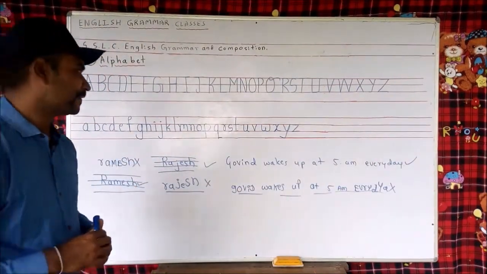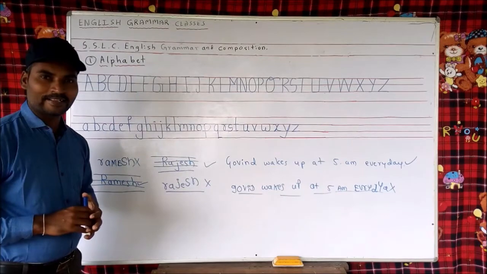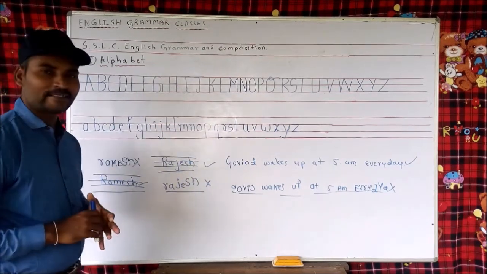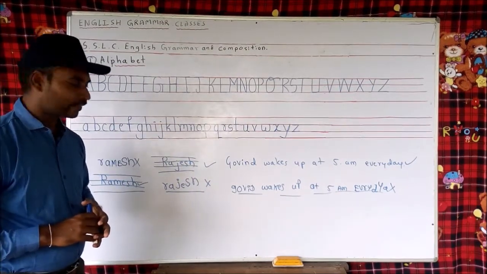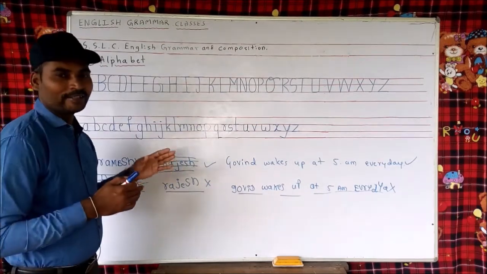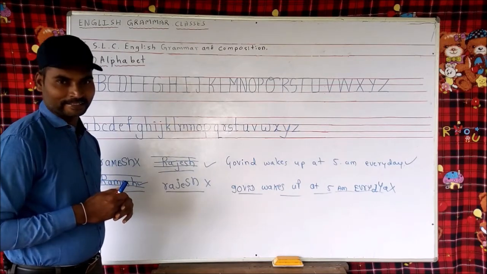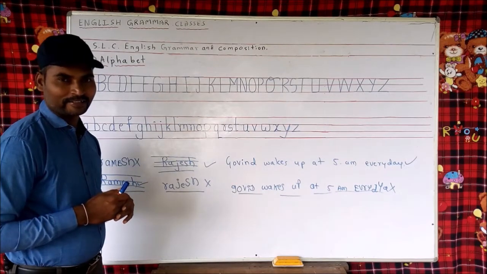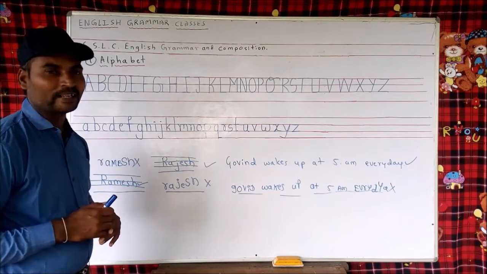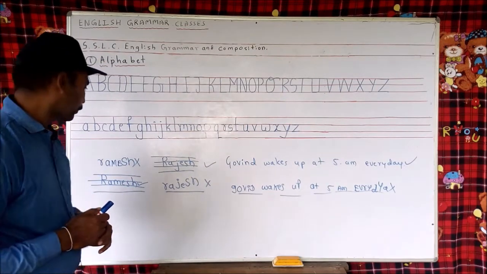My dear students, capital letters have their own size and dimensions, small letters have their own size and ratio. Now let us discuss some examples of how the words look better if we follow this size, dimensions and ratio, and how the words look ugly if we don't.